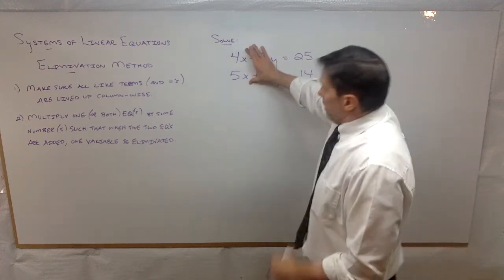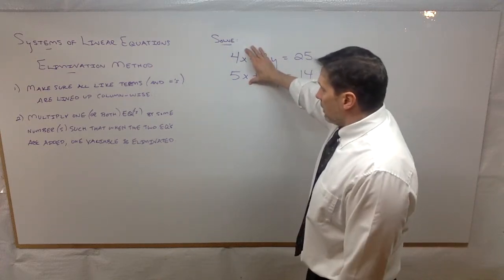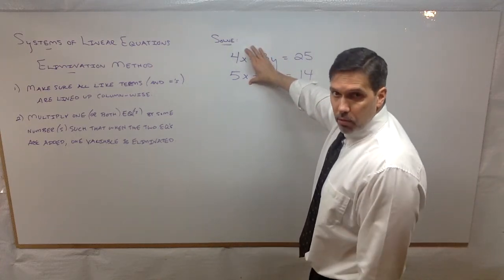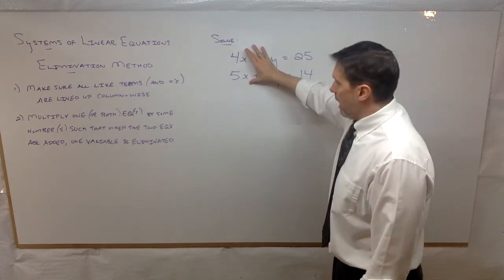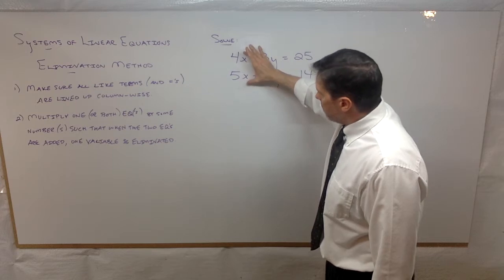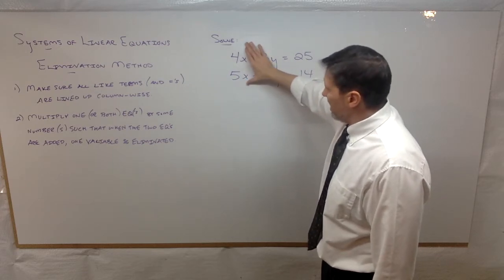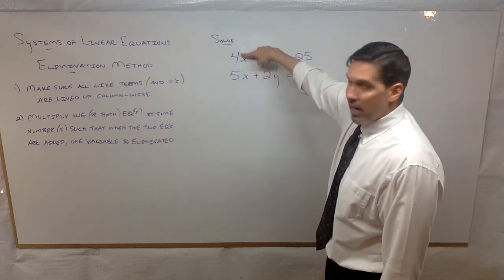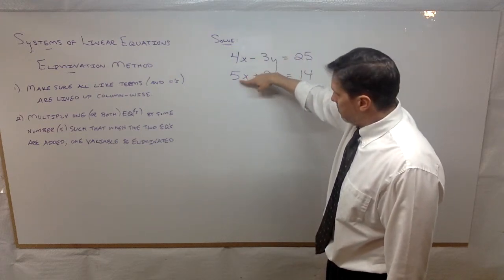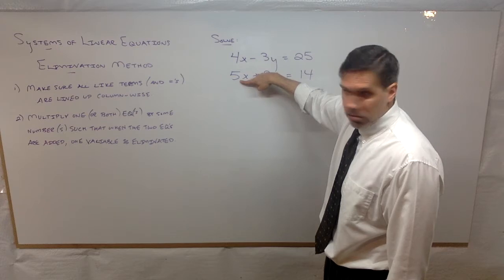That is, we can and we are allowed to multiply both sides of any equation by any number we wish, other than 0, of course. You want to avoid doing that. So we think, well, if I add these two together right now, I get 9x. But I could make that a 20x, and I could make that a negative 20x very easily.